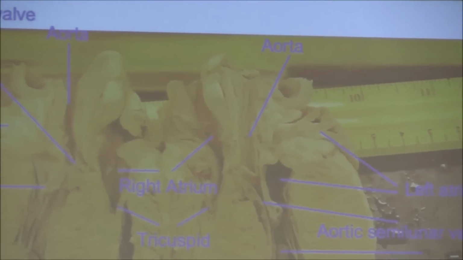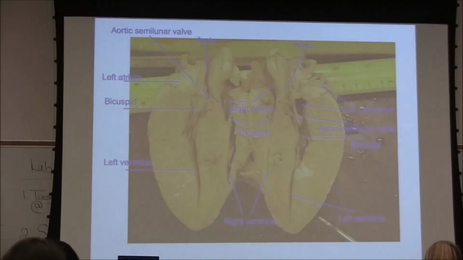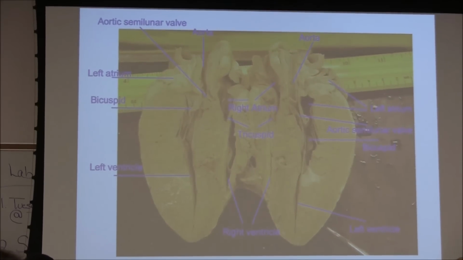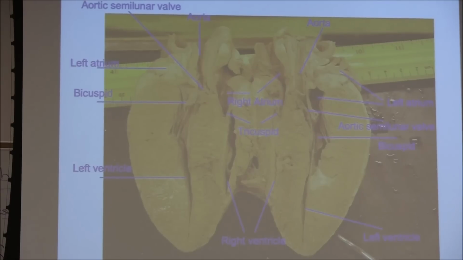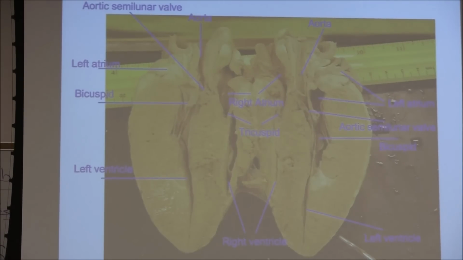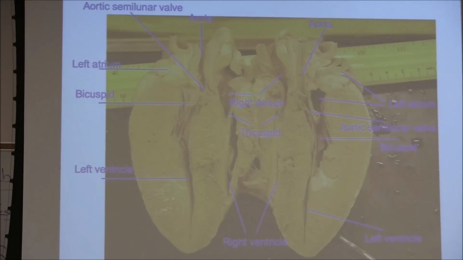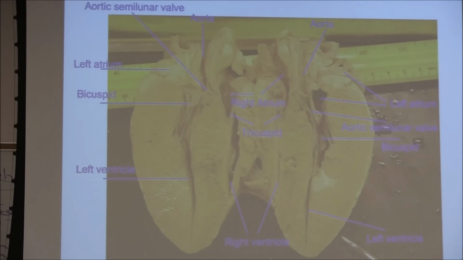Now, I want you guys to be careful because on your hearts you're going to have both halves present, whether it's open like a book like this or open like a notebook at the top. You'll still have both halves of the heart. So make sure in each half that you can identify left versus right.